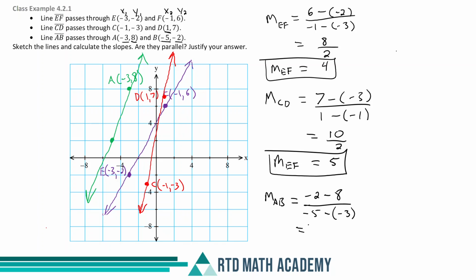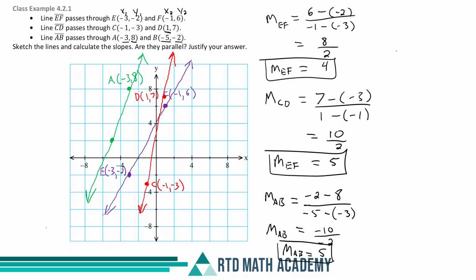All right, so the top here, -2 minus 8 is -10, over -5 plus 3 is -2. So a negative divided by a negative becomes positive, so we get the slope of AB is equal to positive 5. 5 over 1 if you like, but just 5. So that looks like line AB.